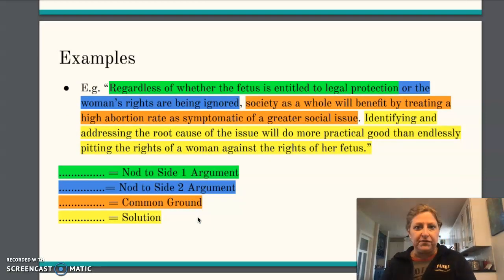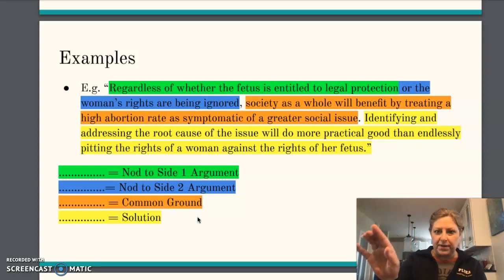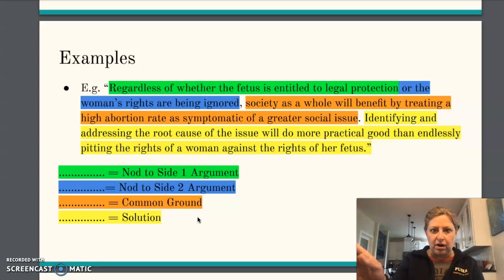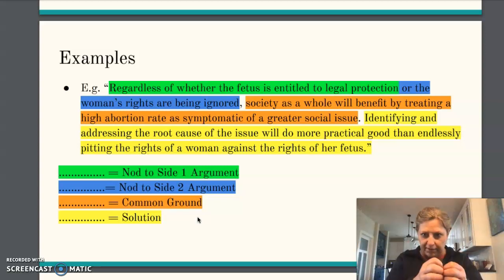Regardless of whether the fetus is entitled to legal protection, okay, here's one side's argument in the abortion debate, or the women's rights are being ignored, side 2 argument, common ground. Society as a whole will benefit by treating a high abortion rate as symptomatic of a greater social issue.